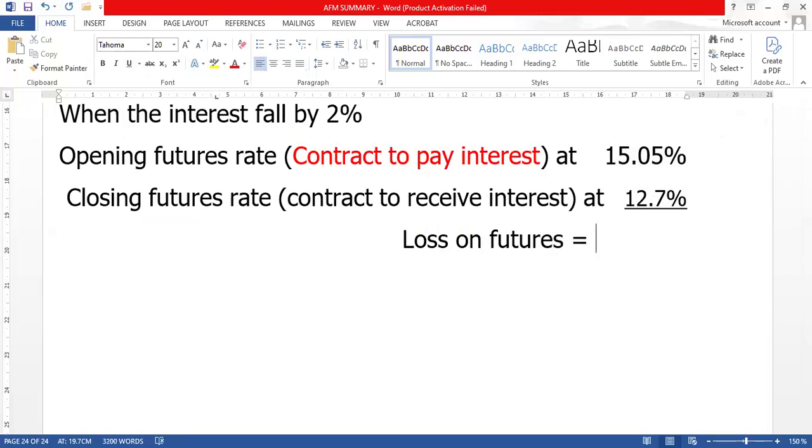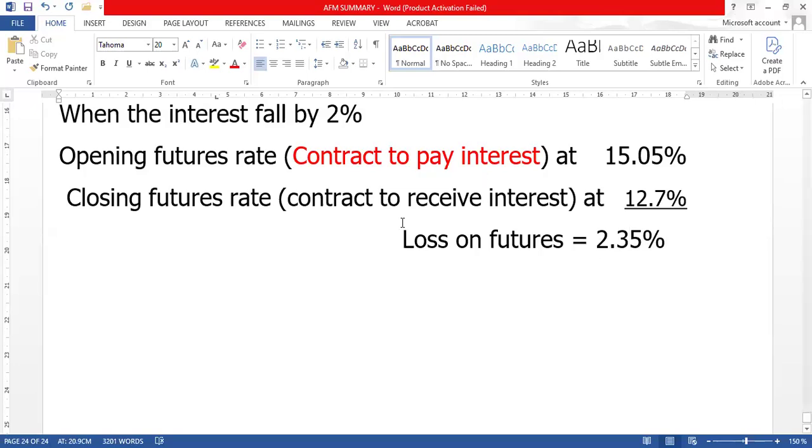And that loss is of what percent? Put some speed, guys. Time. 2.35. Okay, so that is the loss.